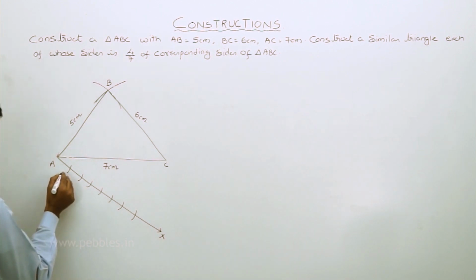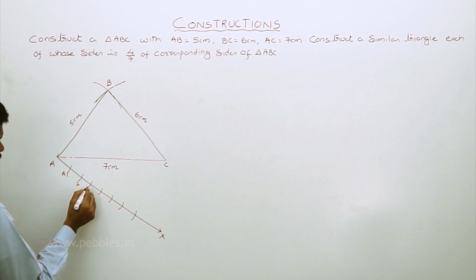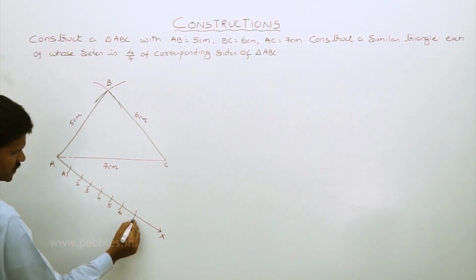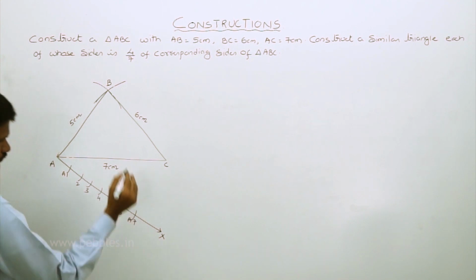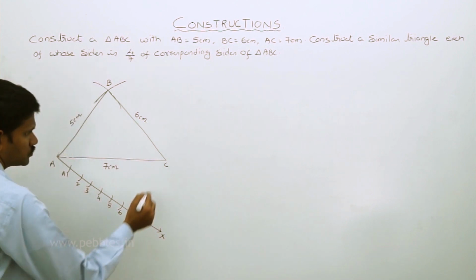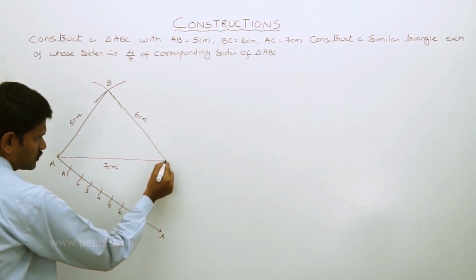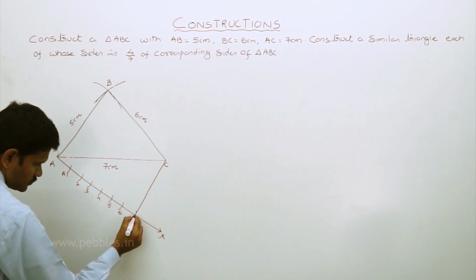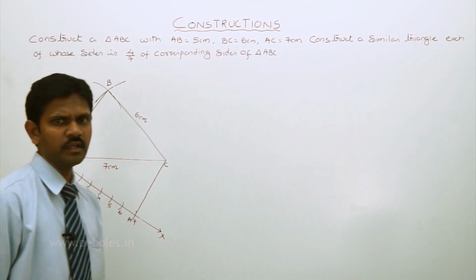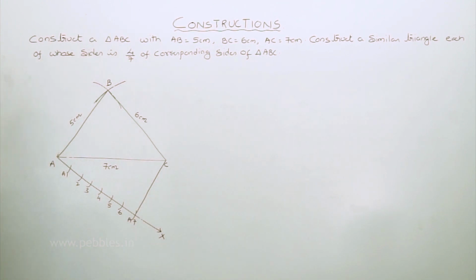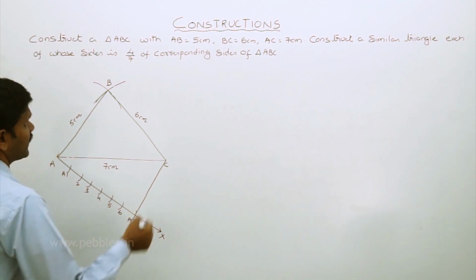That is A1, 2, 3, 4, 5, 6, A7. Now join CA7. Now using the set squares, draw a parallel line.